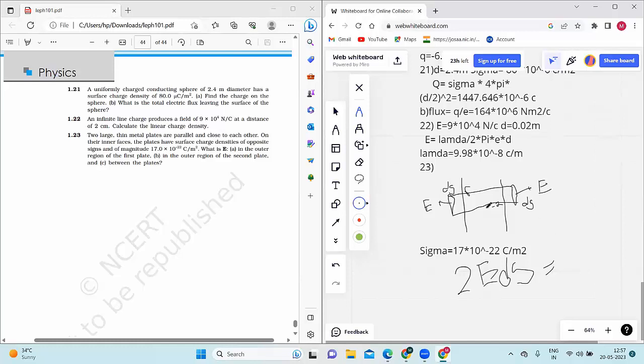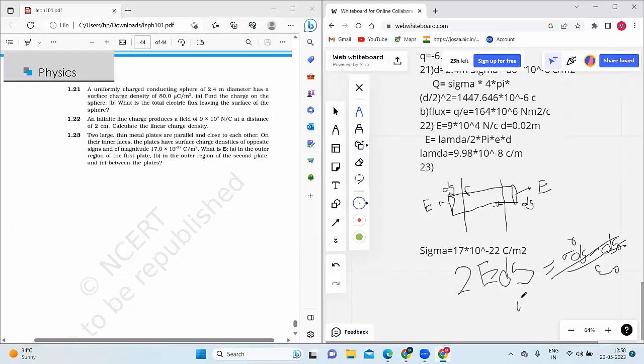The total charge enclosed will be sigma into dS minus sigma into dS, which will become 0.